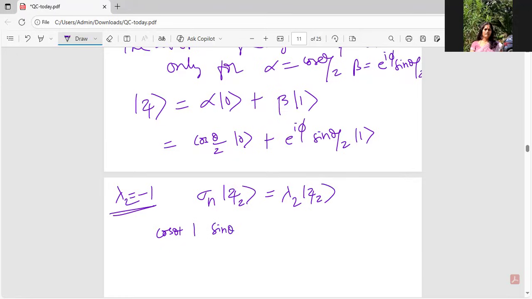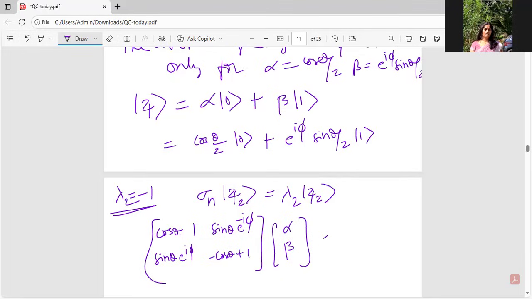Sin theta and e power minus I phi doesn't change. Sin theta and e power I phi also doesn't change. Here cos theta plus 1 is what I will get. This is into alpha beta equal to 0, 0.